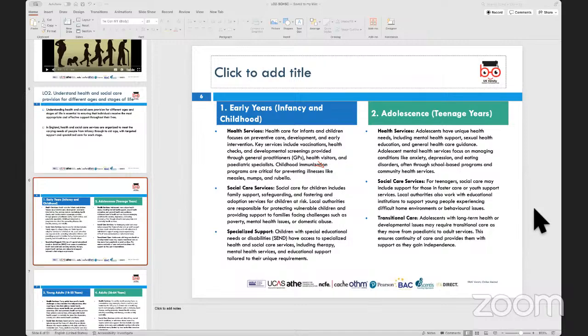That was all part and parcel of making sure that all these things were noted down during the early years of growth and development for the child.